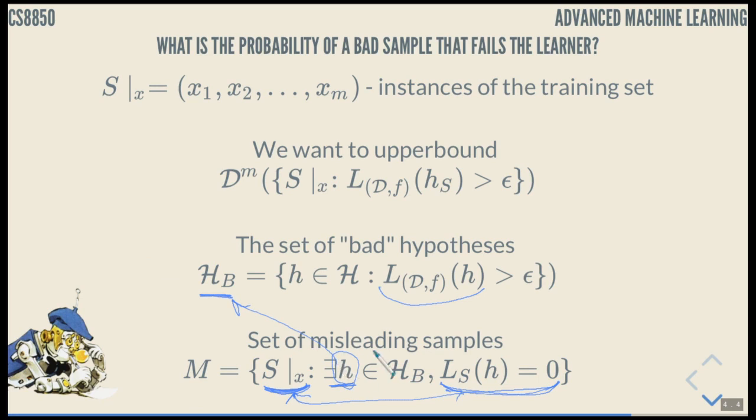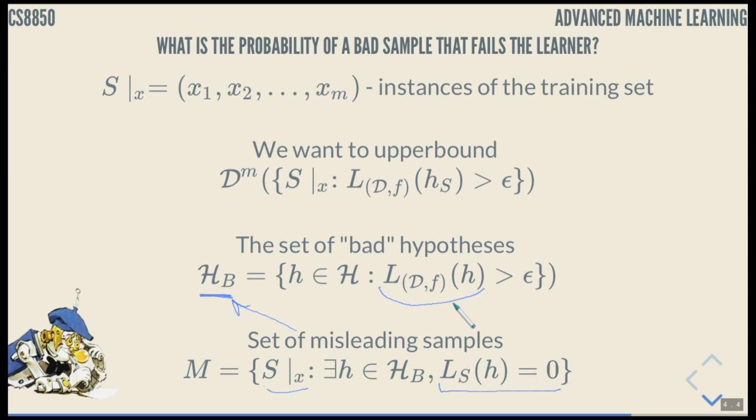The set of misleading samples, importantly, is defined as the set of such training sets for which there is a bad hypothesis that results in zero empirical risk. And a bad hypothesis, once again, is a hypothesis that does not satisfy our definition of success.